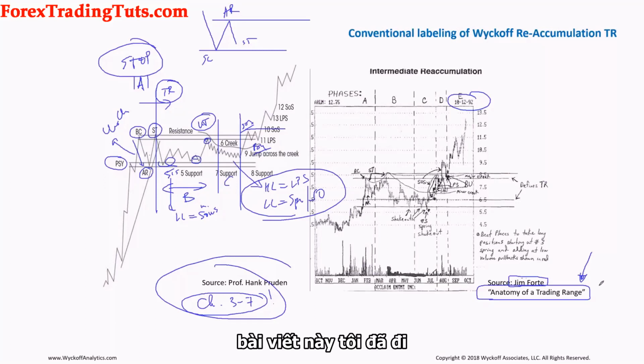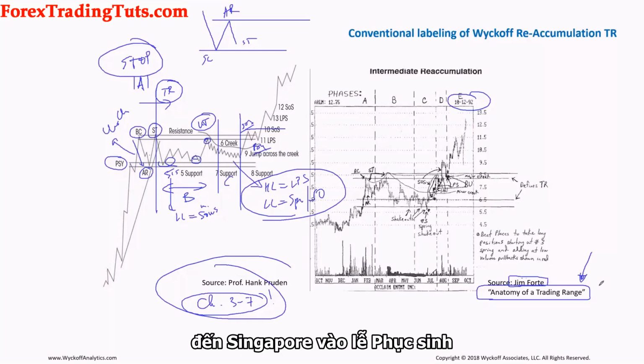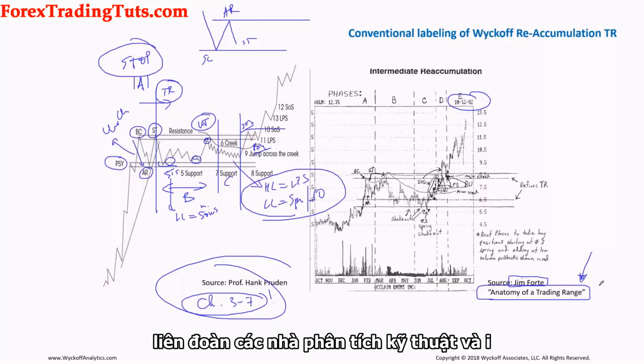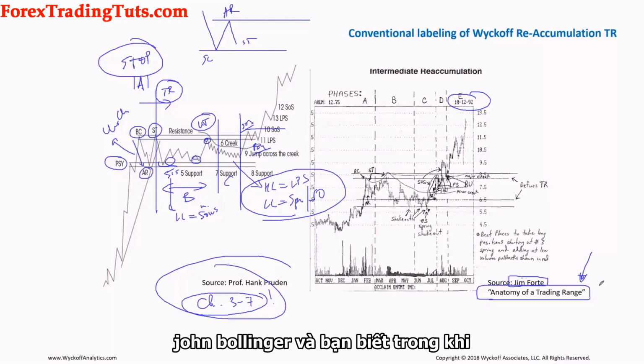I went in 2013 or 2014 to Singapore to the IFTA conference, which is the International Federation of Technical Analysts, and I met John Bollinger, and John, with his Bollinger Bands.